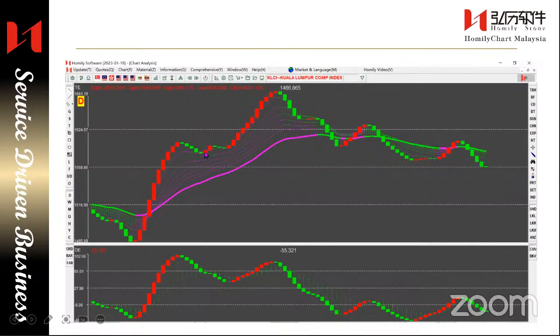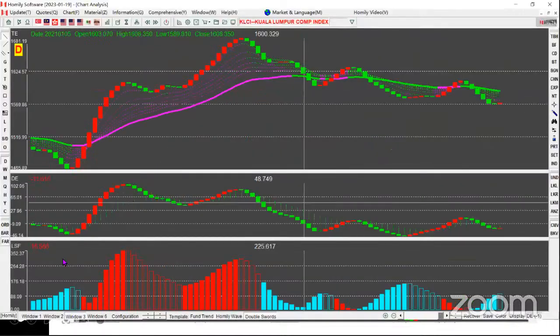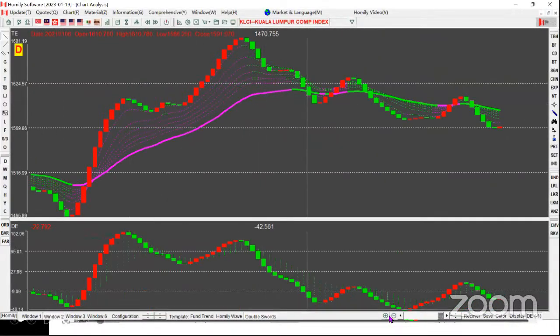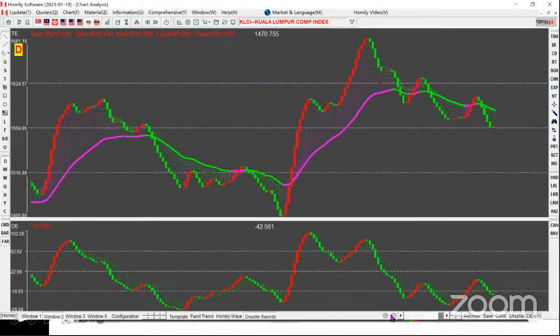You wait for the two red buying and the two green sell, and better above this trend line. Besides that, we can see the deviation also, whether there's a top deviation or a bottom deviation. So that means you just open two windows, also can, no problem.